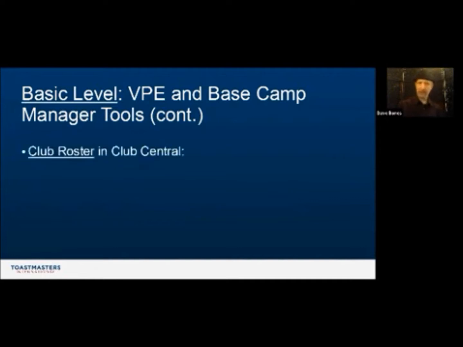The other thing that I have talked with people about, I remember just a real sweetheart of a person that was so struggling. They just wanted to see who's in my club and what education award status are they at. I think the simplest way to get into this is to click on what's called the club roster within Club Central. We're going to show you what this is.